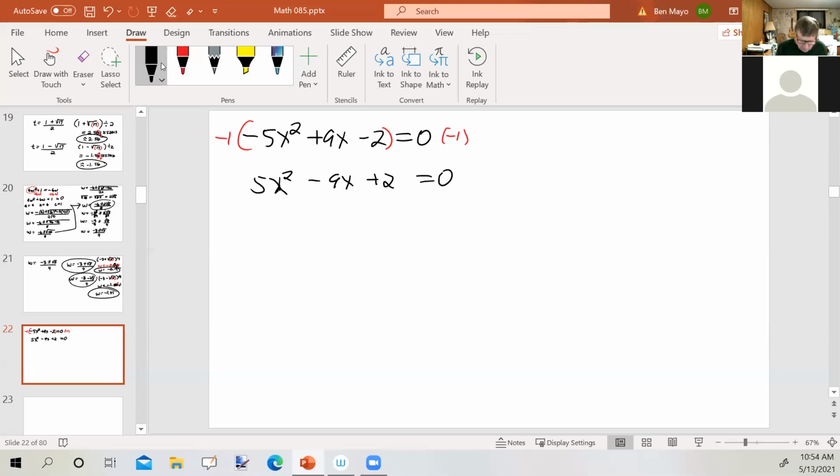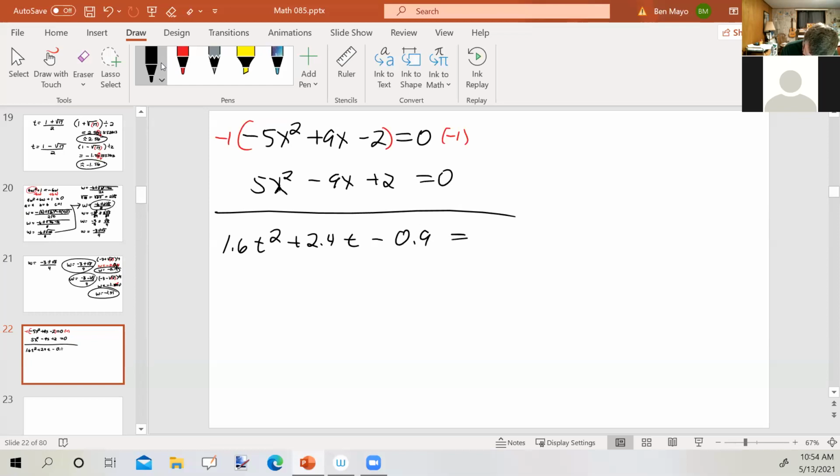Okay, another case, let's say we've got 1.6t squared plus 2.4t minus 0.9 equals 0. This is in standard form. A is 1.6, B is 2.4, and C is -0.9. You could use those values and plug it into the quadratic formula, but it's going to get kind of messy. So it would be better to get rid of the decimals.